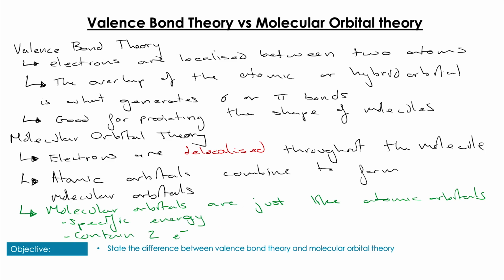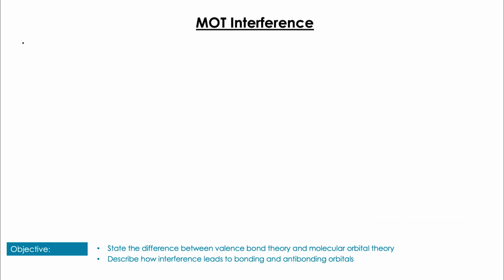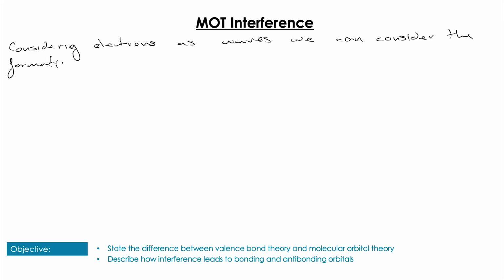However, they are spread over more than 1 atom. It can help our understanding of molecular orbital theory to consider electrons as waves, and then we can conceptualize the interference of these wave forms as they overlap and interact with each other.